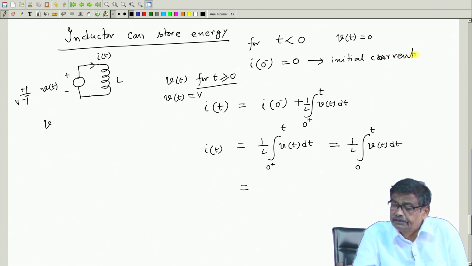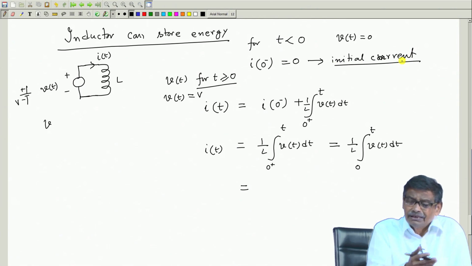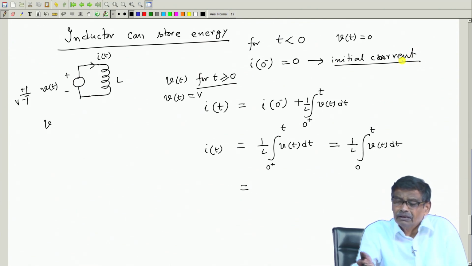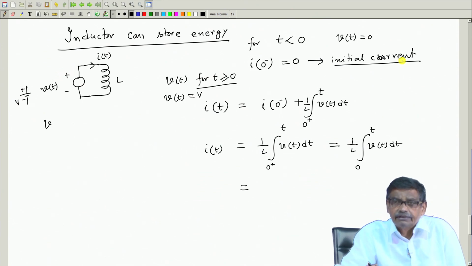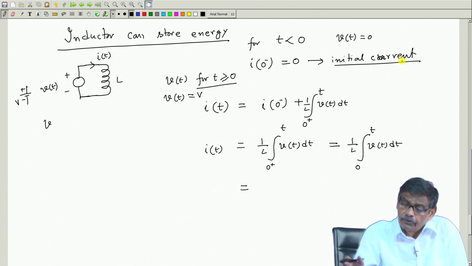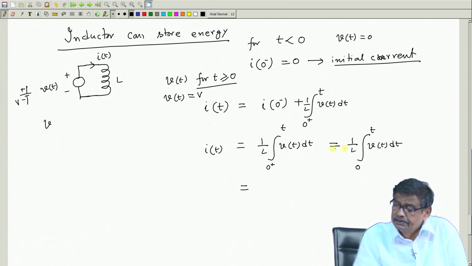So, here is the practical example. Previously you did something or did nothing, I(0-) was 0, it is given to me. Therefore, current at any time t is I(0-) plus 1 by L, etcetera, and then I say that this v(t) is constant.